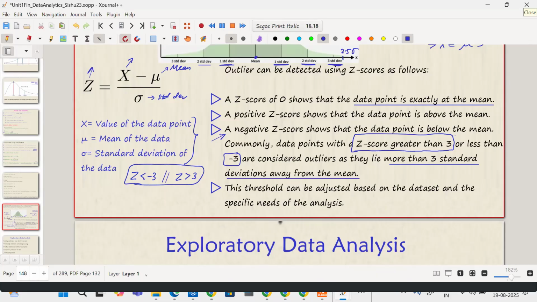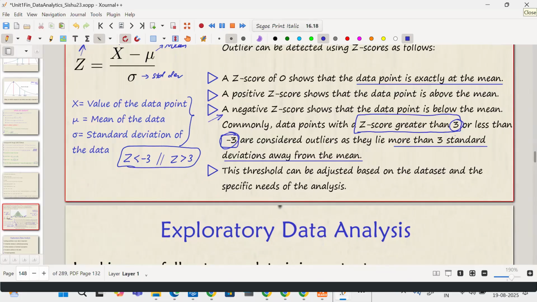If you consider 2.5, you can get an outlier. The 3 or minus 3 you are seeing right now is not a hard and fast constant. It can be adjusted based on your data set. So I've written that the threshold can be adjusted based on the data set you have.